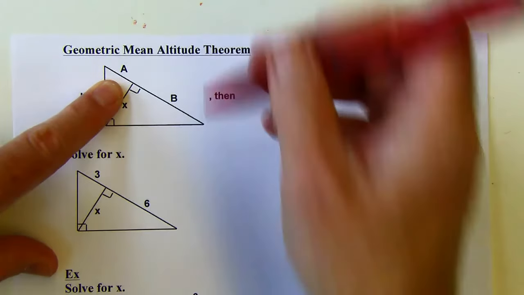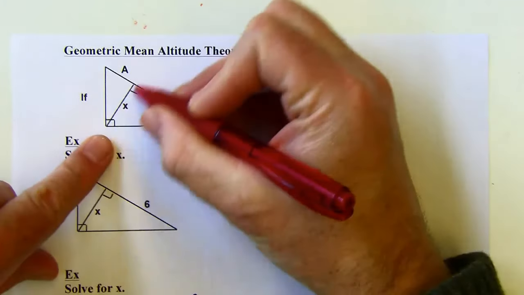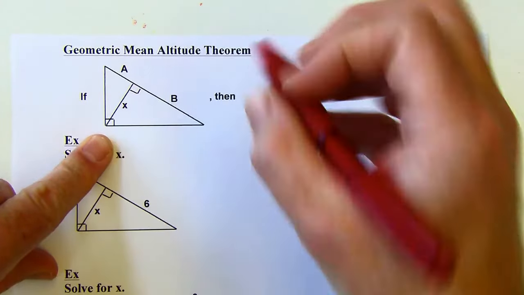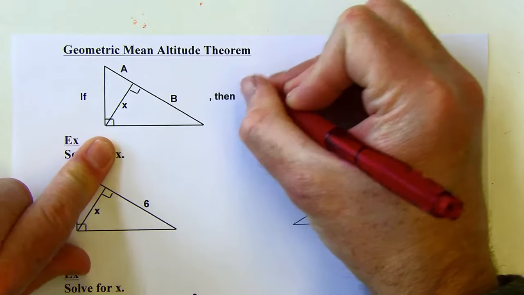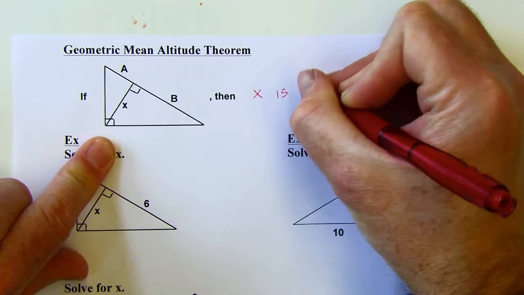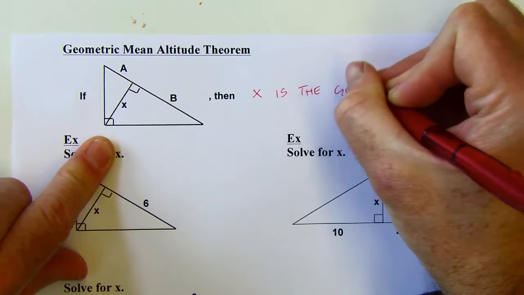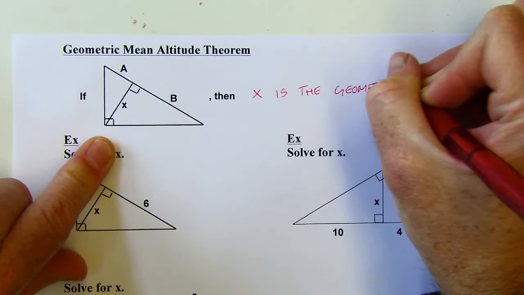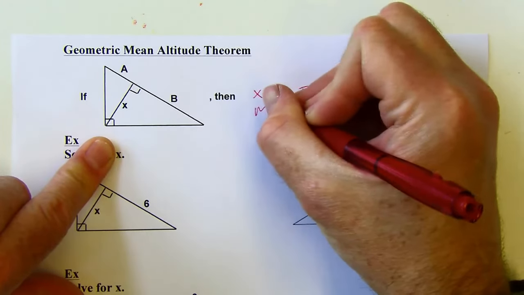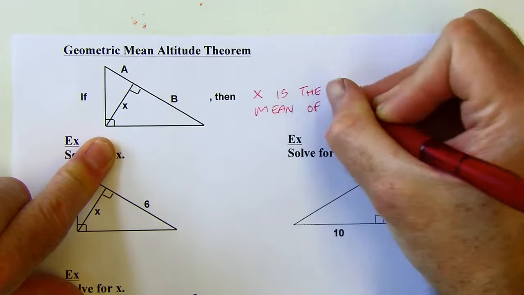This is the geometric mean altitude theorem because this is an altitude of the big triangle. It's the height of the big triangle. Okay? So x is the geometric mean of A and B.